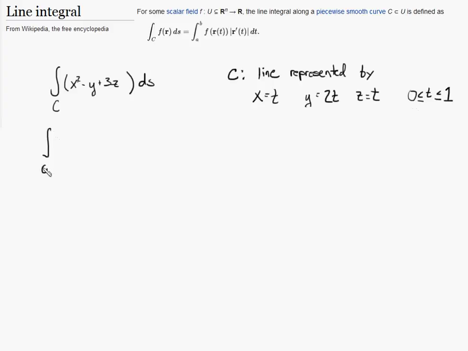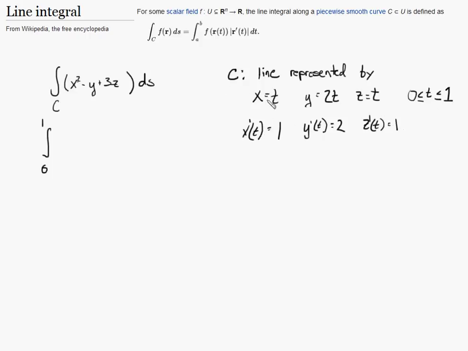1. 0 to 1. And then for our function here, we're going to need to take the derivatives here and rewrite this. So we want the derivatives of all these functions, x prime of t, fortunately they're very easy in this case, 1, y prime of t just equal to 2, z prime of t just equal to 1 again.